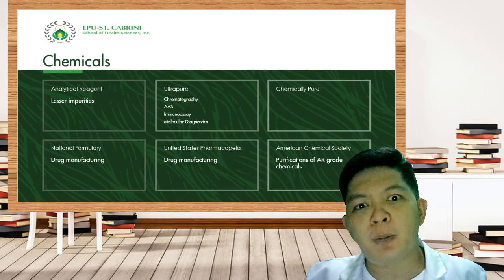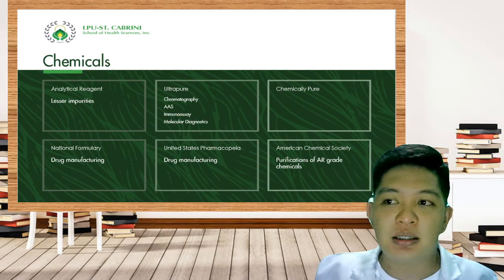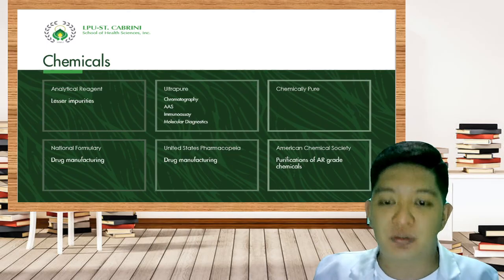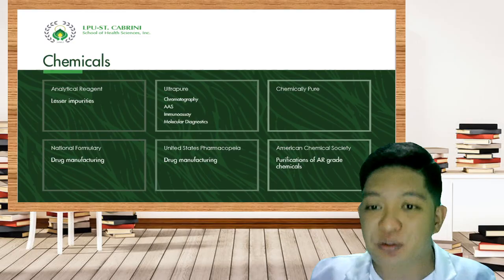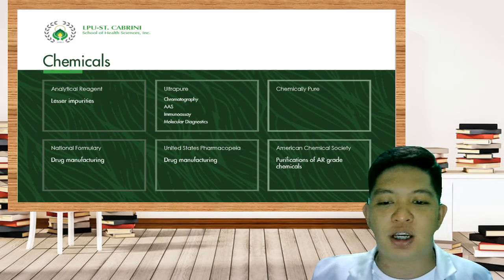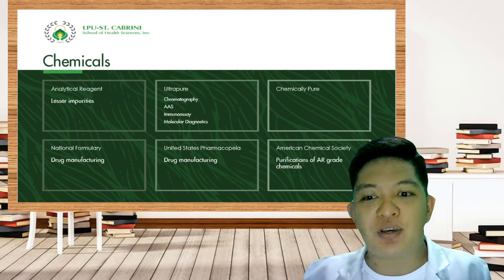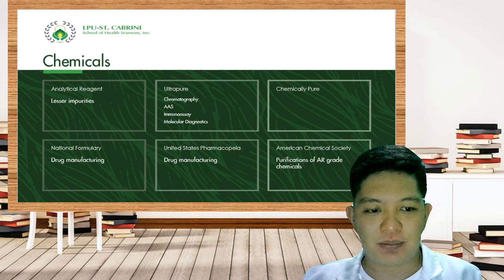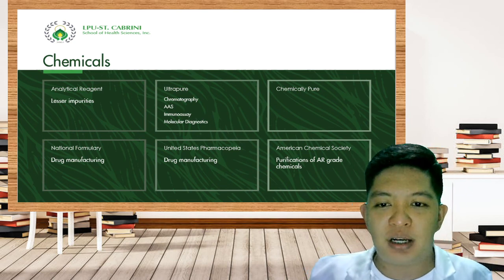When we say analytical reagent, ito po yung chemicals that are more specific, that meet the established specifications. Analytical reagent is chemicals that meet the specifications of ACS. Kaya yung sabi ni ACS, purification of analytical grade chemicals.